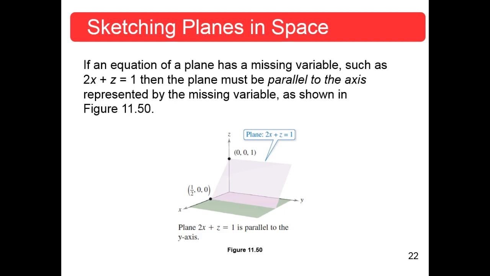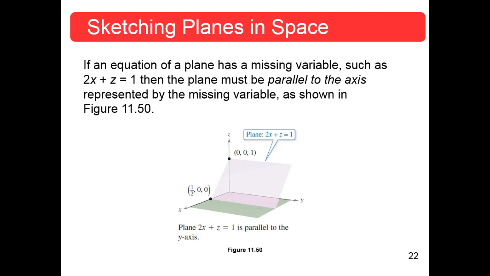In other words, the y-axis never intersects it. Obviously, it doesn't. So whatever that plane is that you have here, it goes like this, and it runs along the y-axis. It doesn't ever touch it, but it's always the same distance from it.